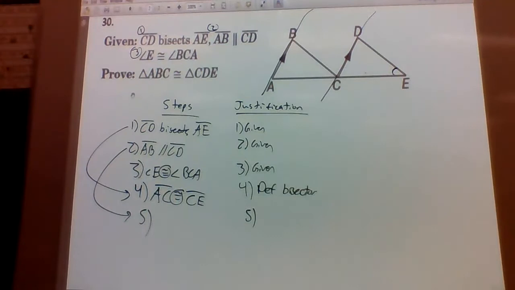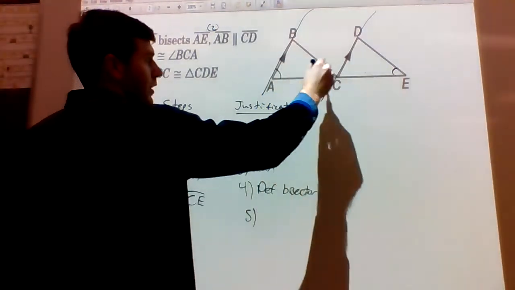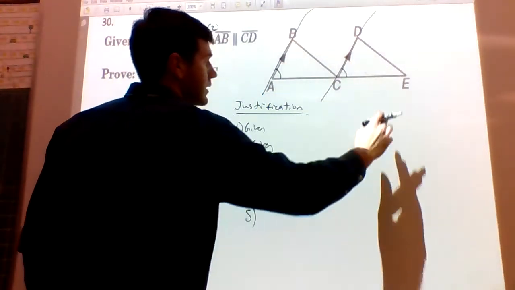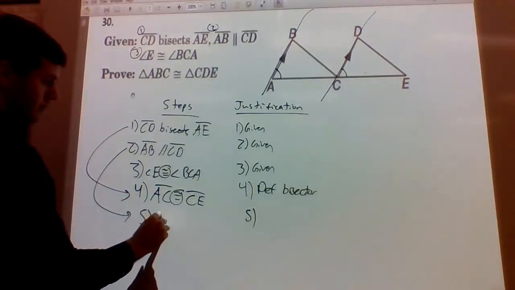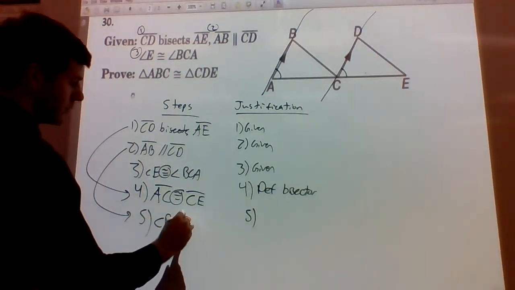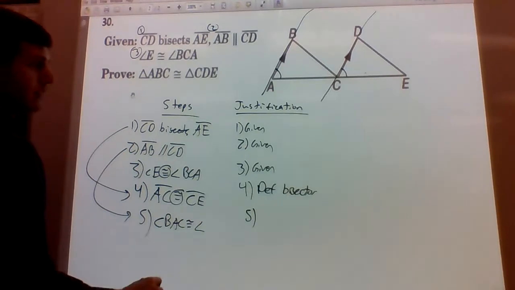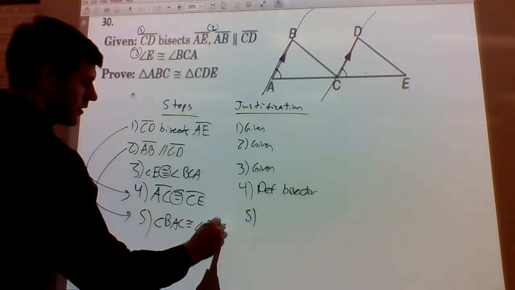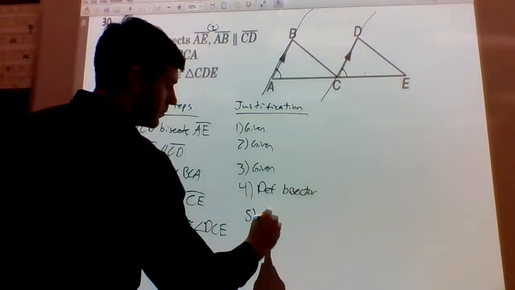So when we have parallel lines, in almost all cases, we're looking for alternate interior angles. In this case, we're not. In this case, we're going to have corresponding angles. Okay, so angle BAC is going to be congruent to angle DCE. Okay, and that's the corresponding angle theorem.